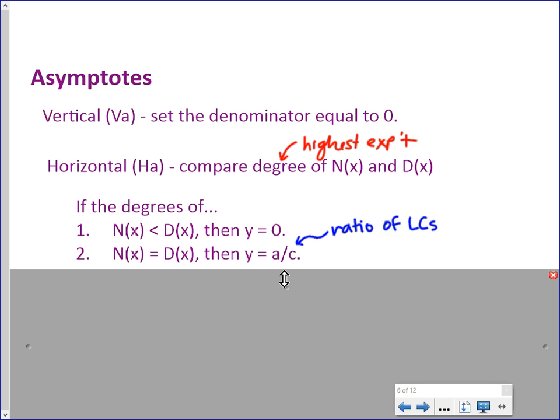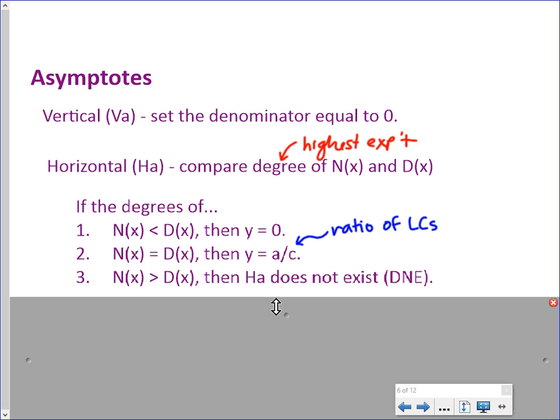What do I mean when I write LCs? What's an LC in a polynomial? Leading coefficients. Write that down if you don't know what LC is in your notes. So you're comparing the degrees, the highest exponent, and when they're the same, your horizontal asymptote is the ratio of the leading coefficients, the numbers in front of those terms with the highest exponent.